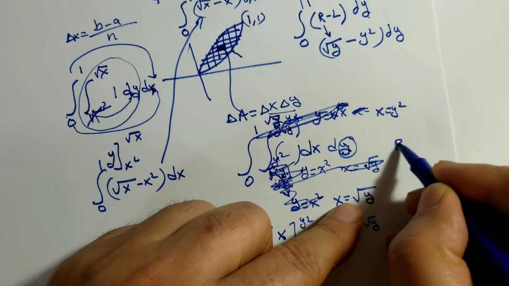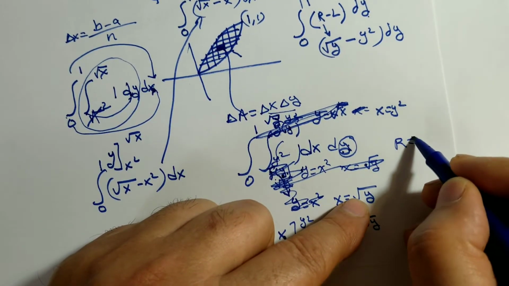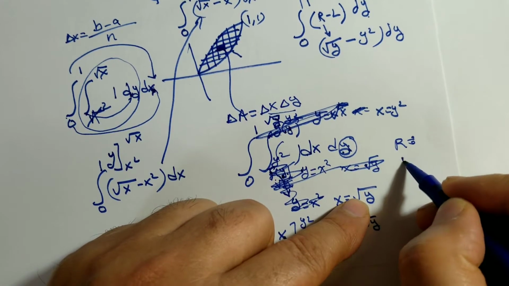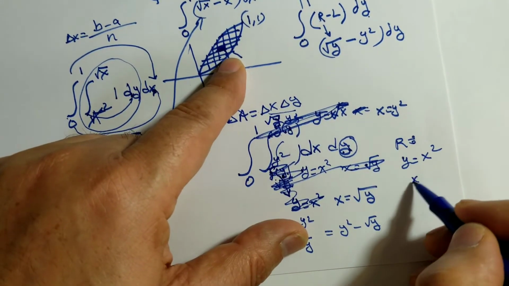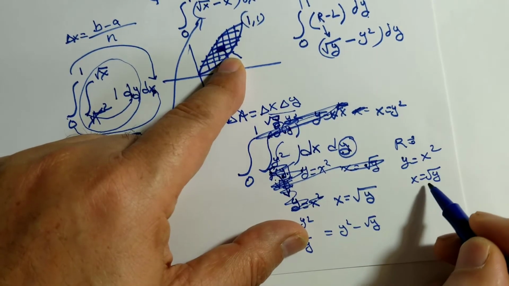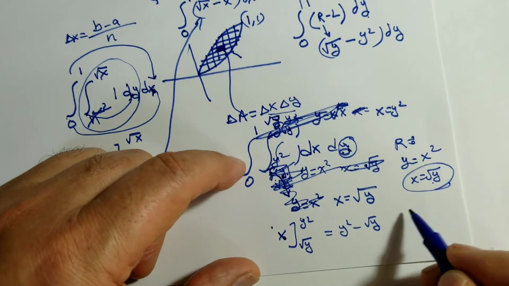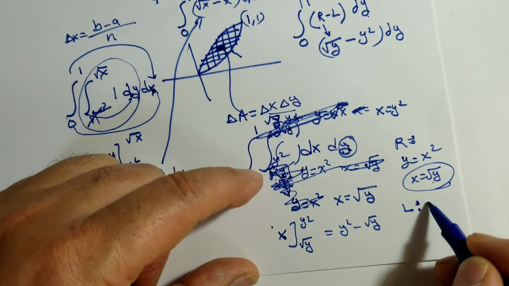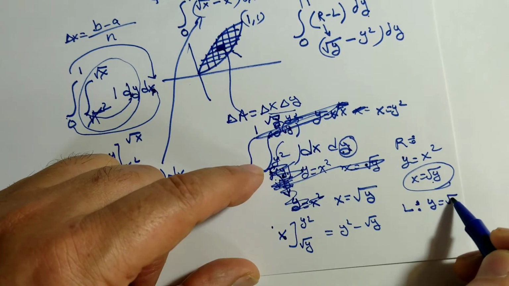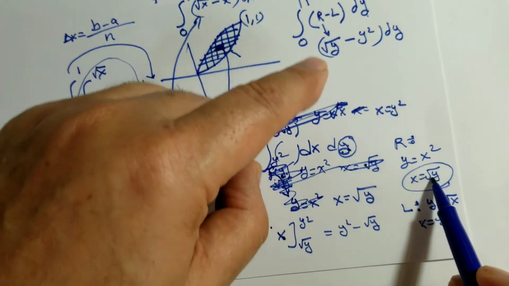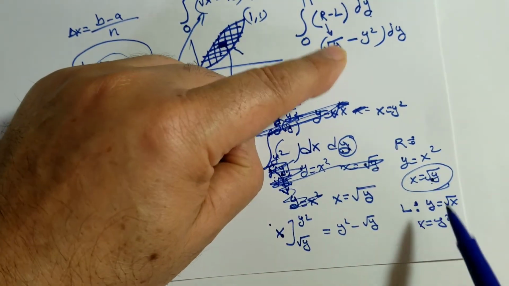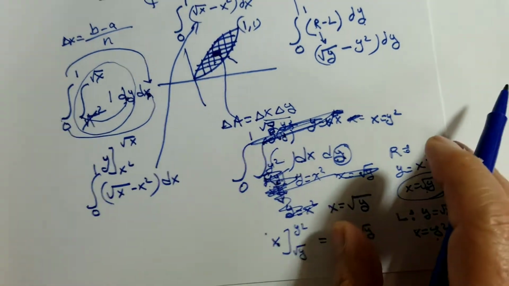Therefore, your right is y equal to x squared, and your x equals square root of y. That's the top limit. And your left, which is the bottom limit, is y equal to a square root of x and x equal to y squared. Therefore, see, this is your right and this is your left. And you're going to get the same answers.